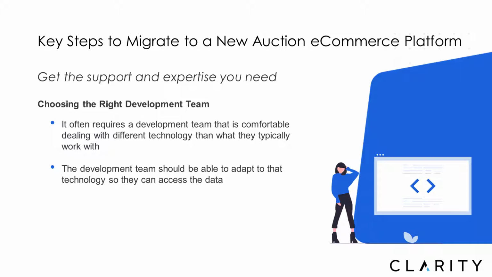So at the end of the day, we do this process in several different ways. Ultimately, the adaptability of your development team that you're working with on your new platform is going to be really important typically. They're going to need to be able to work with some of these different systems that they may not be used to, may not specialize in, and be able to adapt and get the data that they need.